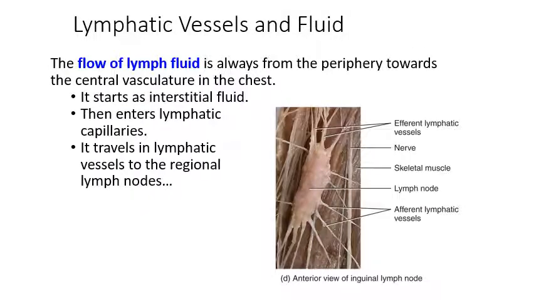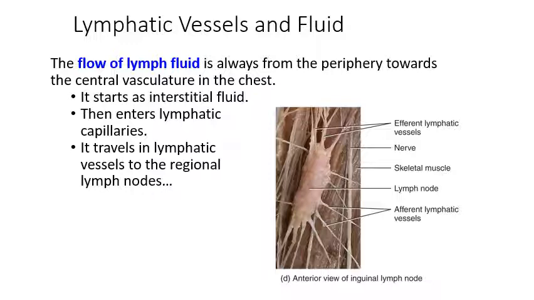All right, so flow of lymph is always towards the chest, right? So lymph is always being collected from your extremities and moved towards the thoracic cavity. So it's starting as interstitial fluid that's accumulating between your cells, and then it gets sucked up into lymphatic capillaries, which will merge into larger lymphatic vessels.